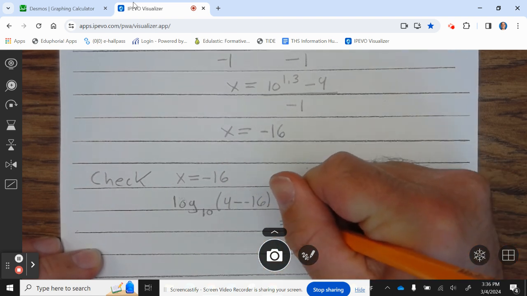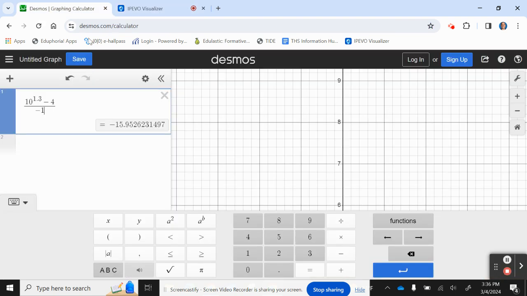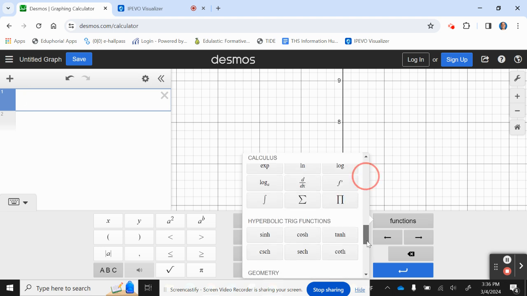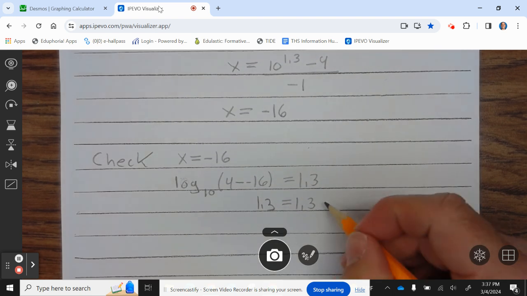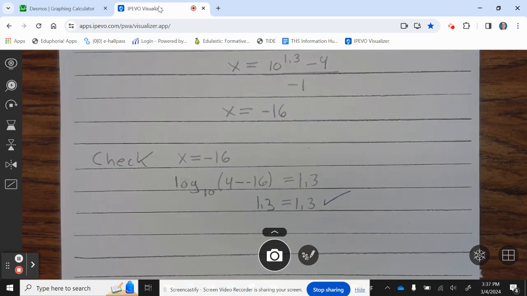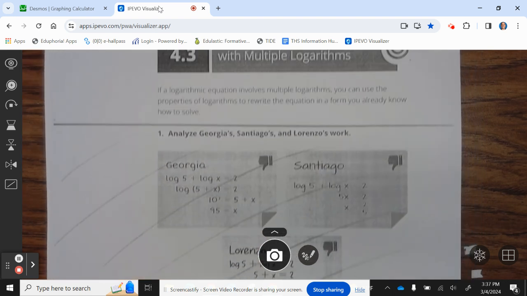Now, we know the right side is 1.3. Let's see if the left side does. If we round to one decimal place, it does, 1.3. So this checks, so x equals negative 16 is a valid solution. All right, let's take a look at the next page.